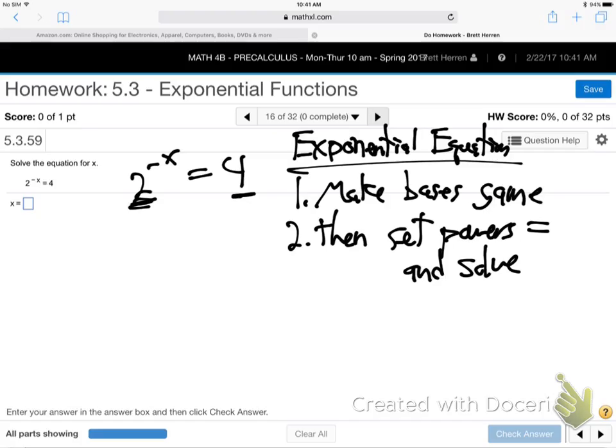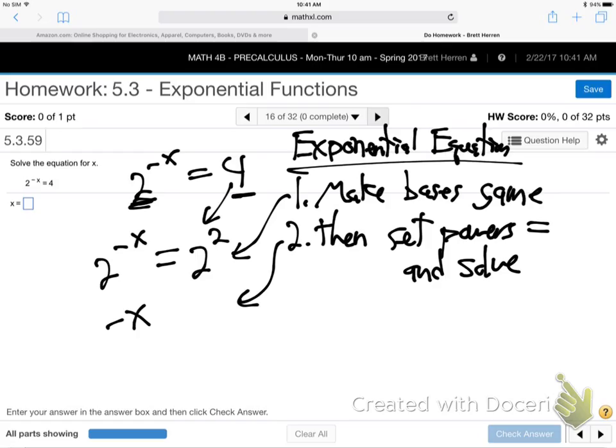So how can I make them the same number without changing any actual values? What do I do with the 4? 2 squared. That's still 4, but now the bases are the same. Make sense? So there was step 1. Make the 2 bases the same. And once you've done that, you can do step 2, which says just set the powers equal.